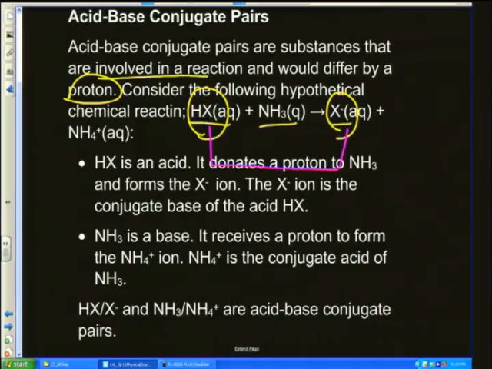Because HX donated a proton, it is your acid. And X minus would receive a proton if this reaction was to reverse, and therefore that is the base. So that is an acid-base conjugate pair in that way. In the same way, NH3 and NH4 plus differ by one proton, and therefore they are acid-base conjugate pairs.